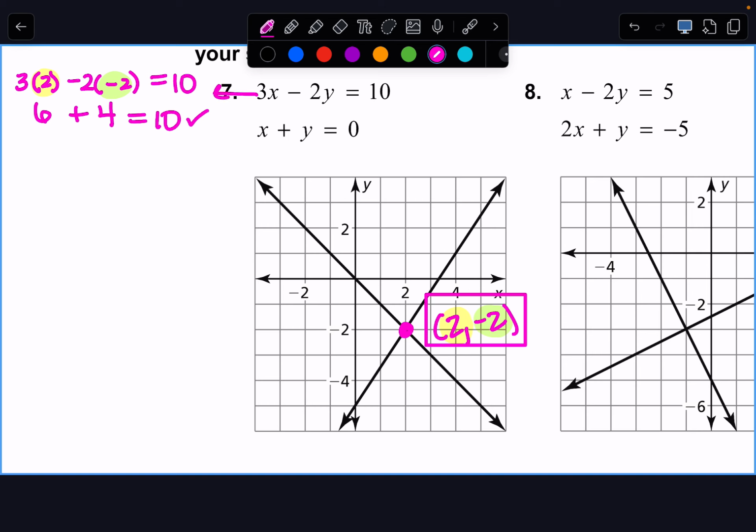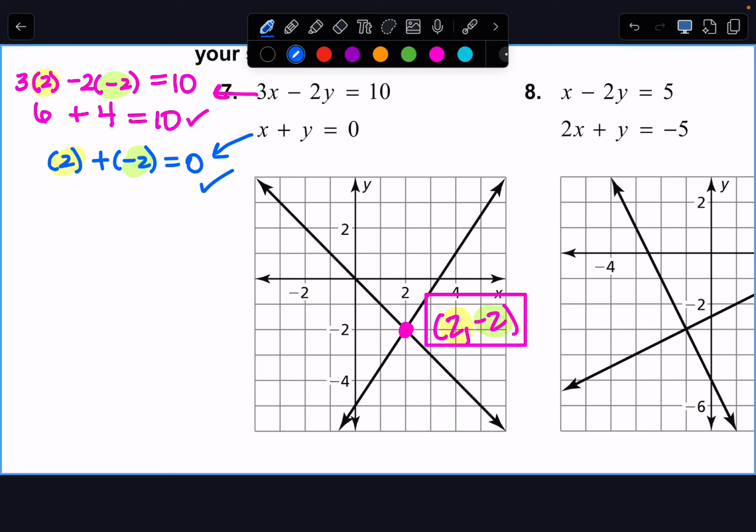Okay. Now I'm going to do it for x plus y equals 0. So again, x is 2, y is -2. When I put in x plus y, is 2 plus -2 equal to 0? Okay. So that coordinate, yes, is the solution.